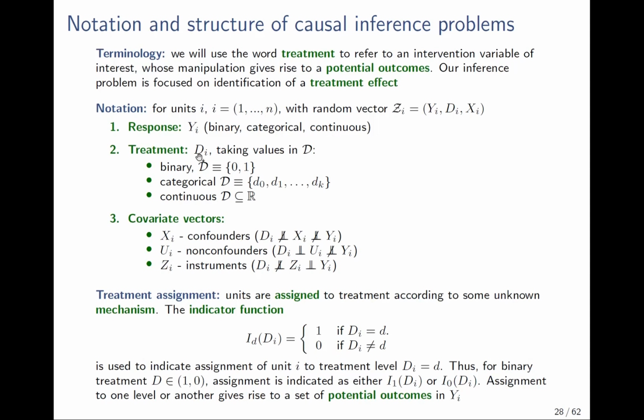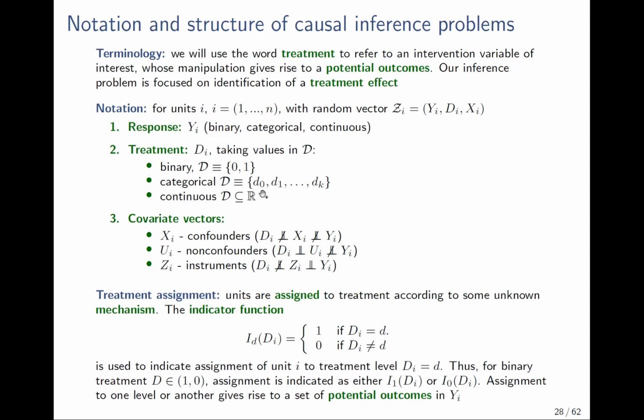Then we have the treatment variable that I've just described, and we're denoting that by capital D because it's a random variable, indexed by i because it's a treatment for unit i, and it takes values in the set represented by curly D. So it could be binary, taking the value of 0 or 1. It could be categorical, that is multi-valued, or it could be continuous, falling on the real line.